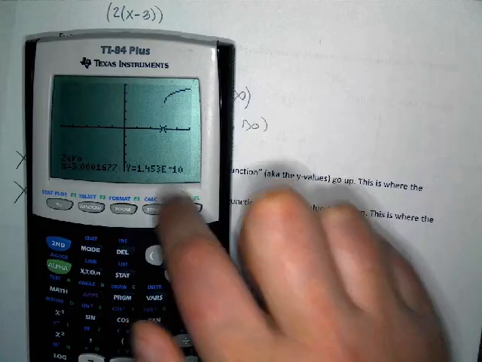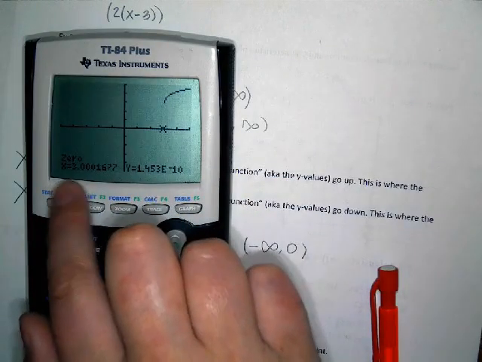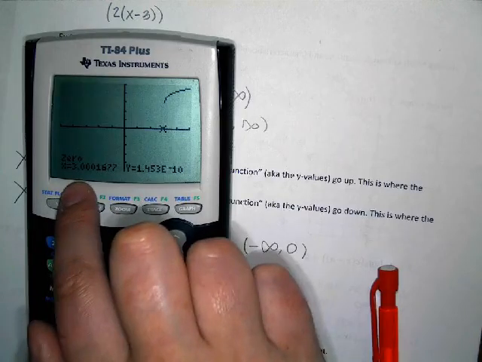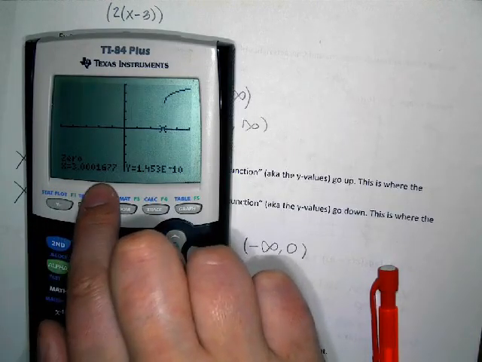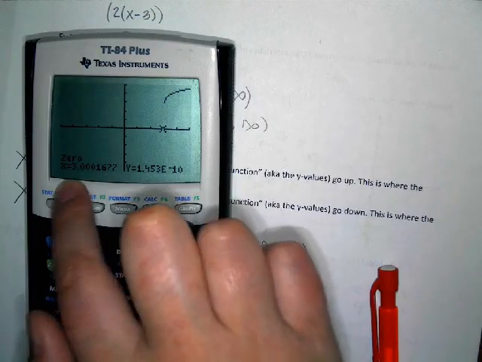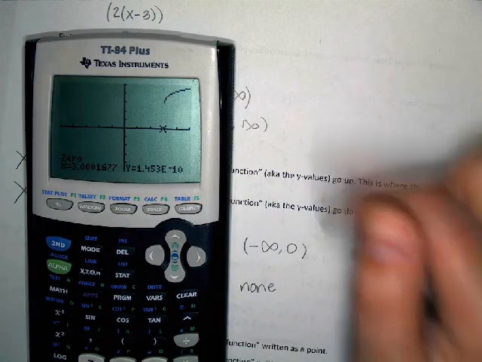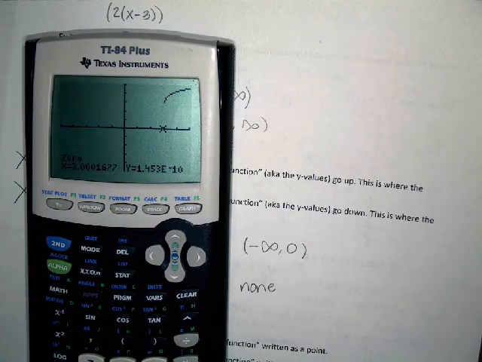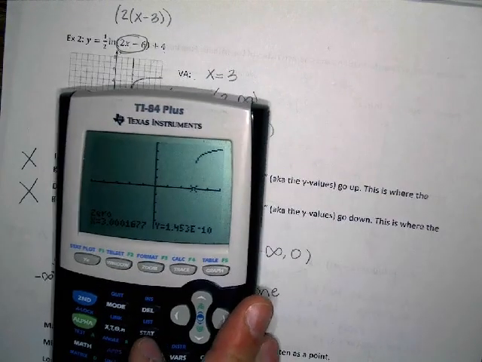You've got 10th, 100th, 1000th, 10,000th. You've got the 10,000th place of accuracy there. It's very, very close to 3 because of that vertical asymptote. You're kind of far off the vertical asymptote there. Okay, so you can find it even if that graph has been shifted vertically, it's still there. Okay, let's turn to the next page.